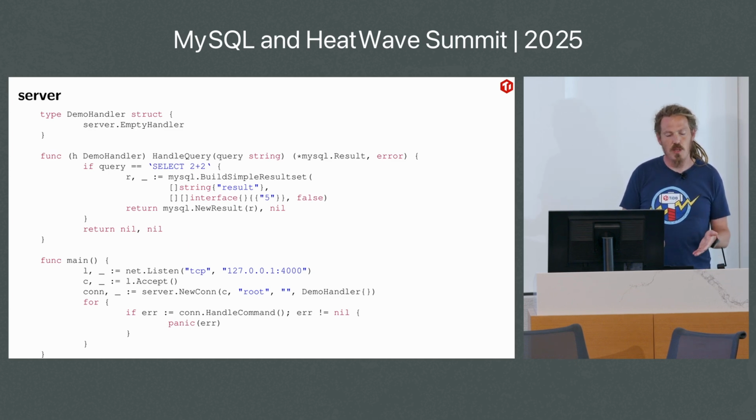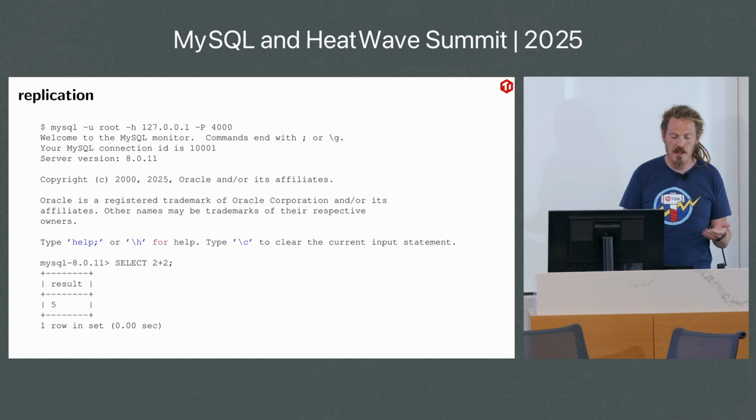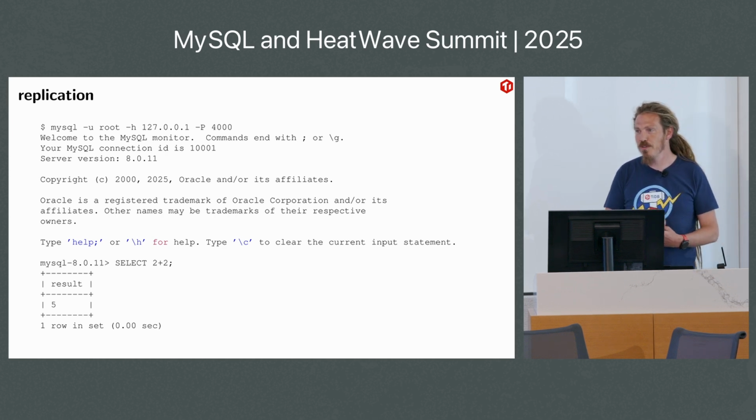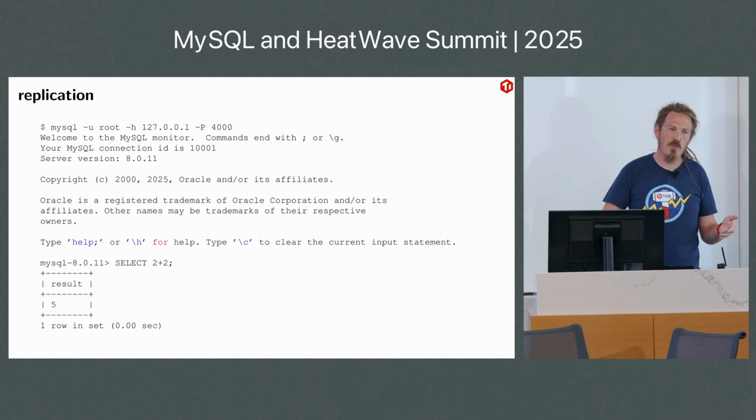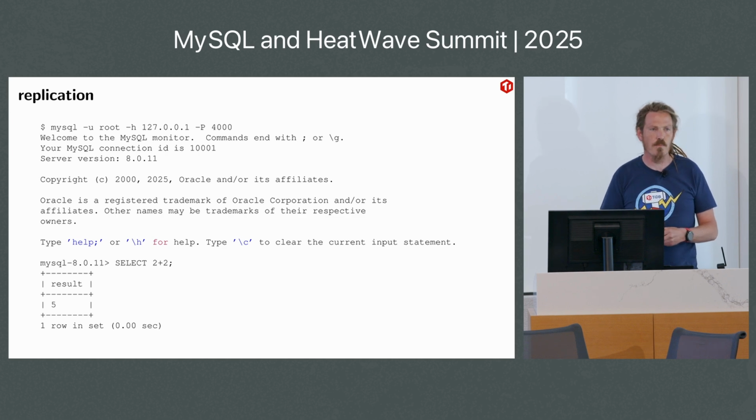So this is a really simple one, and how it looks is this. You start the server, you connect, you do 2+2 and you get 5. Of course this is not what a normal MySQL server would do, but you can make it do anything. This is useful for testing, useful if you want to create a honeypot, useful for experimentation, these kinds of things.